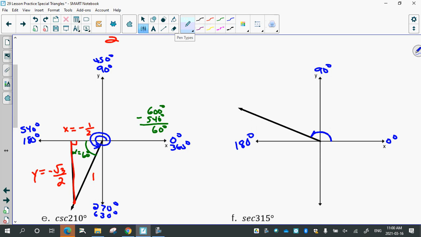So here's 150 degrees. What's alpha going to be? It's going to be 180 minus 150, which is 30 degrees. So that means you want to label the sides according to a 30-degree special triangle in the second quadrant.